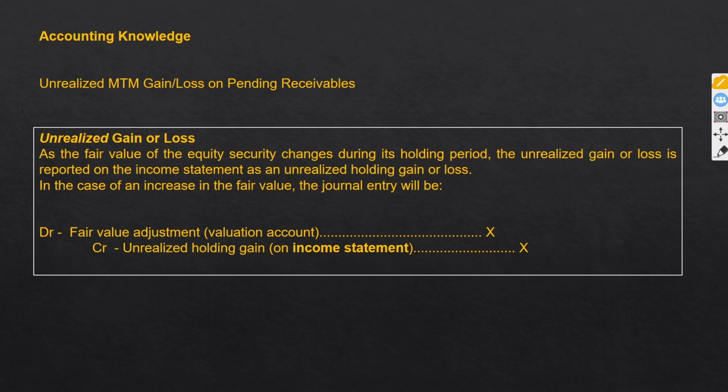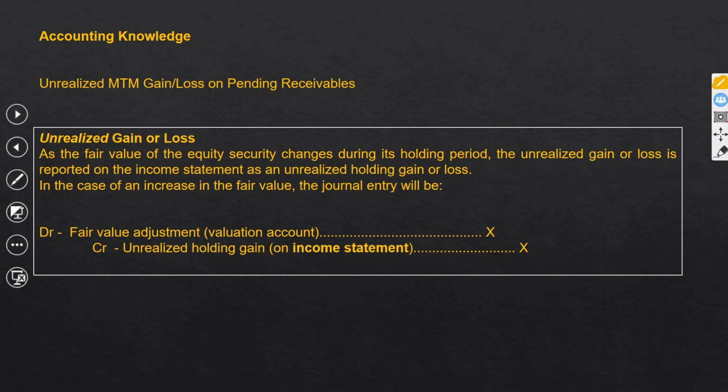If you have a gain on investment, then you apply the accounting entry: debit your asset account, meaning the valuation account, and credit the unrealized holding gain account. That would be credited in case of unrealized gain.